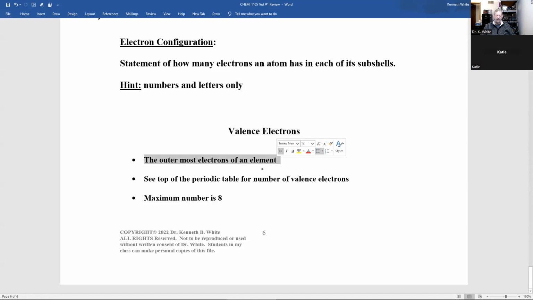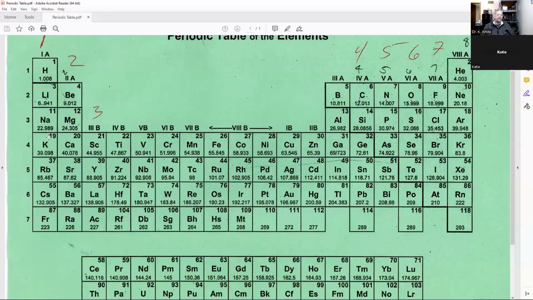You should know that the outermost electrons of an element are called the valence electrons. And how do you determine that? By looking at the top of the periodic table. For this test 1, we're not doing Lewis structures, that's test 2. But for test 1, how many valence electrons does nitrogen have?